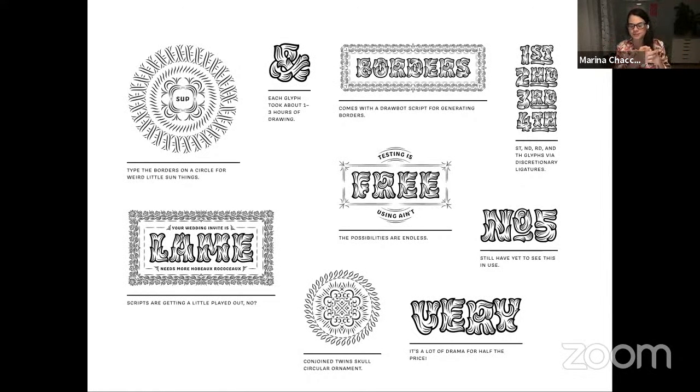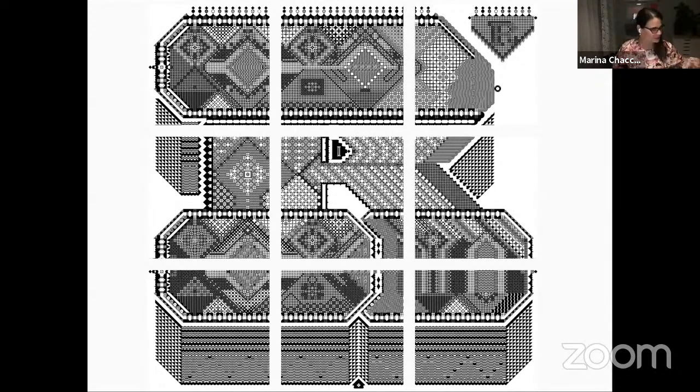And then James from Ono Type did this with Rococo. The borders come with a DrawBot script for generating borders, so you can do a setting and then change it, and it's easy to do that. Then you can think about Julien Priez from Boogie Paper on Instagram.